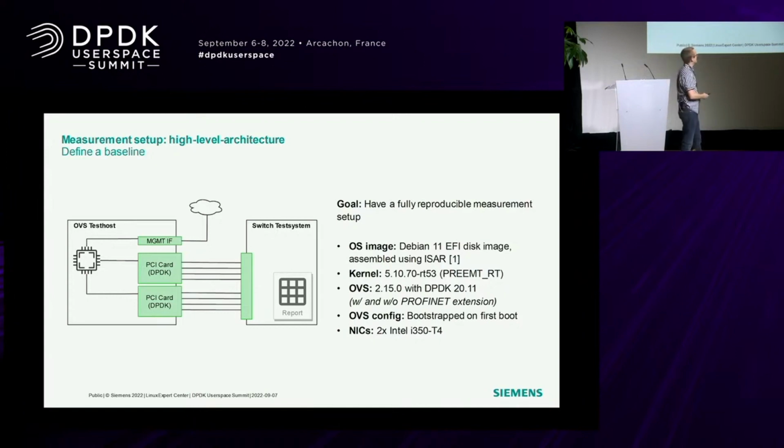On the right, you see some kind of system which we use to measure how real-time capable the switch is. By just inserting packets from the right side to the left side, they get handled as with a hardware switch, or similar to a hardware switch, and get sent back. And then we can see how long it took, whether the packets got handled correctly, and so on and so forth. And the switch test system here can be replaced.